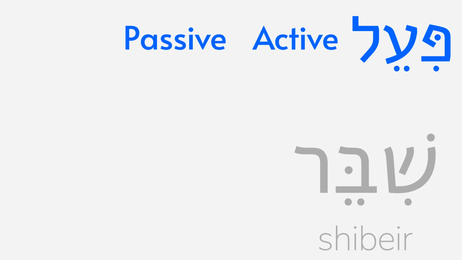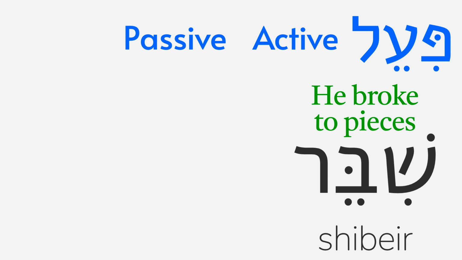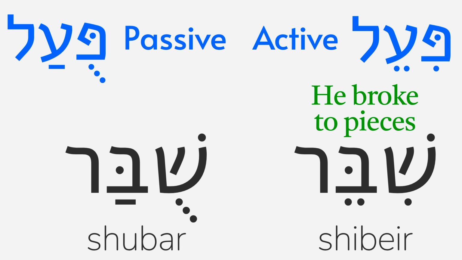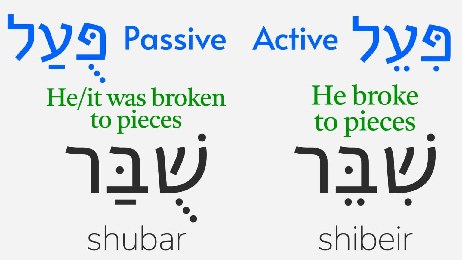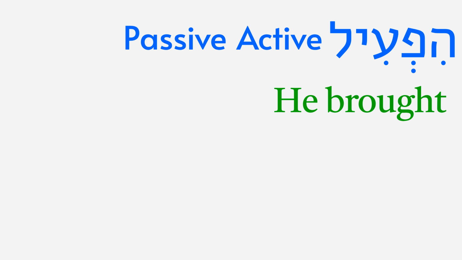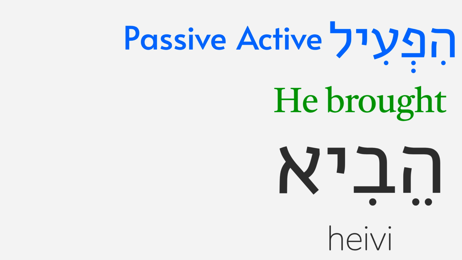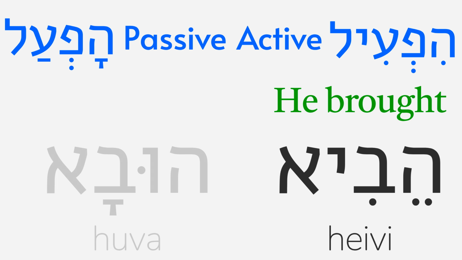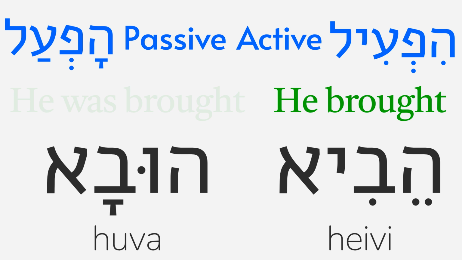The passive counterpart of the active pi'el verb shiber, he broke to pieces, will be in the pu'al binyan, shubar, which means he or it was broken to pieces. The hif'il verb, he brought, is hevi, and its passive counterpart in the huf'al binyan is huva, which means he was brought.